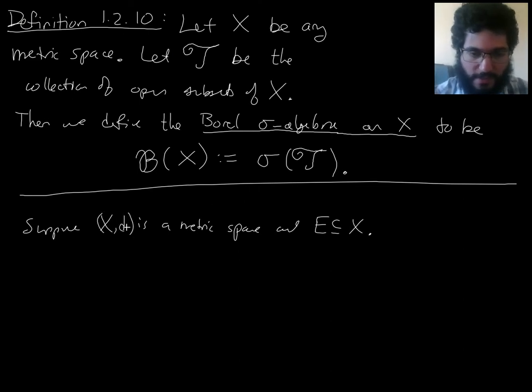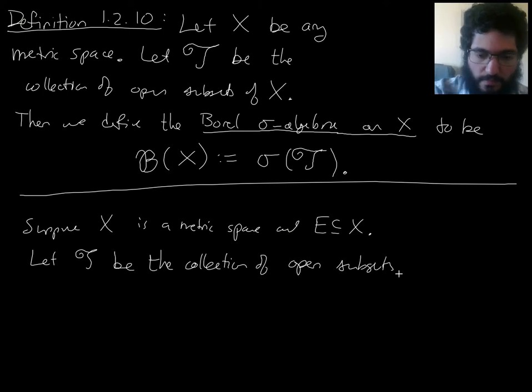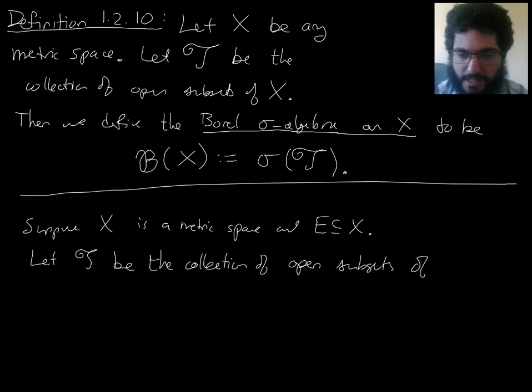Sometimes we say X comma d, with a metric function. I'm leaving that out, since all I care about from the metric space is the collection of open subsets. So let this be the collection of open subsets of X.